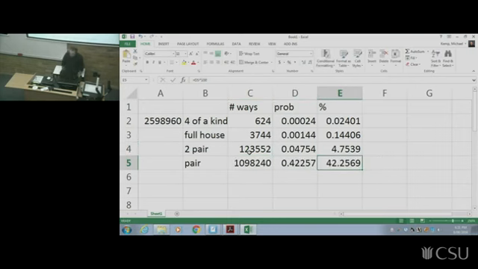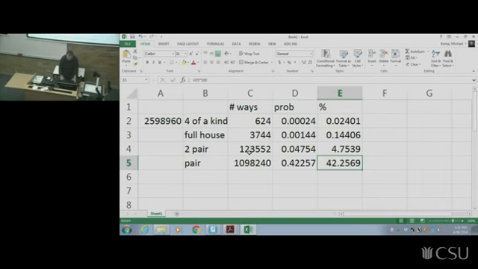So the probability of getting a single pair just being dealt straight away is 42%. So getting a pair happens a lot. If you play 3 games, you should get at least 1 on average.